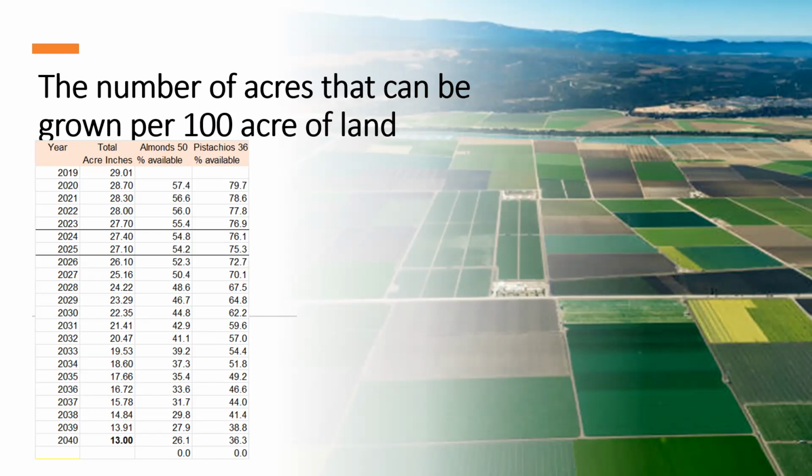So I finally get to 2040, and I can only farm, with the amount of water that I'm being allocated, 26.1 acres of almonds and 36.3 pistachios.